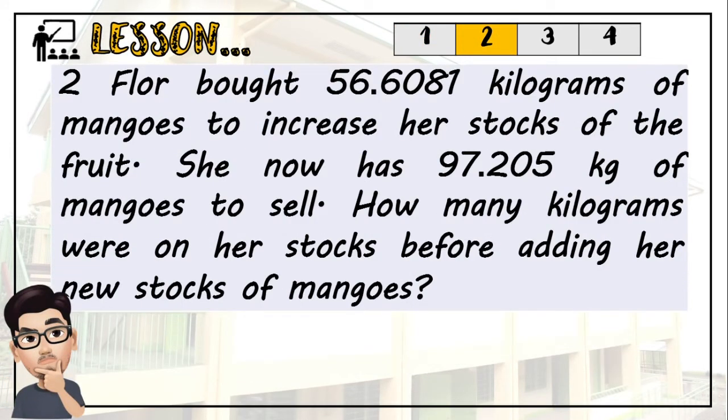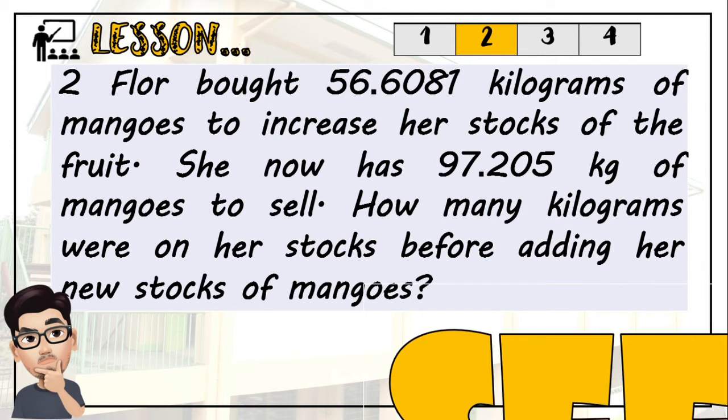Flor bought 56 and 6,081 10,000 kilograms of mangoes to increase her stocks of the fruit. She now has 97 and 205 thousand kilograms of mangoes to sell. How many kilograms were on her stocks before adding her new stocks of mangoes? So let's see what the problem asks.